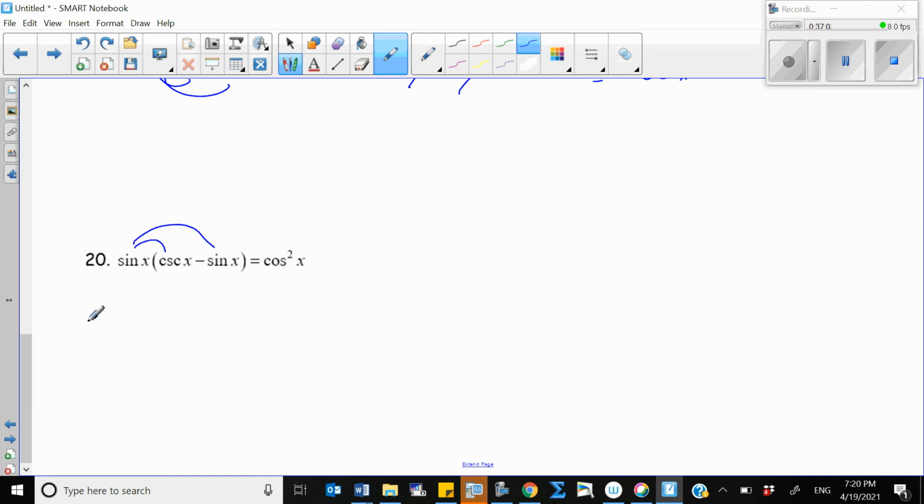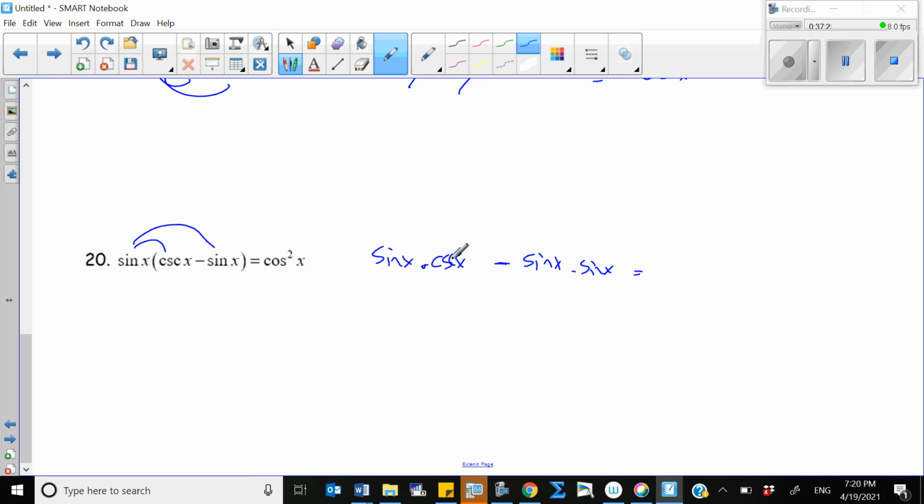Here also, you just need to multiply sine times cosecant and sine times negative sine, sine of x times cosecant of x. Then we have sine of x times sine of x. I will leave the rest for you.